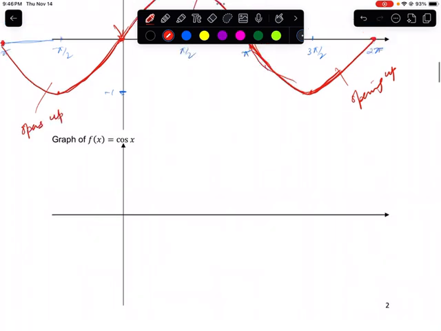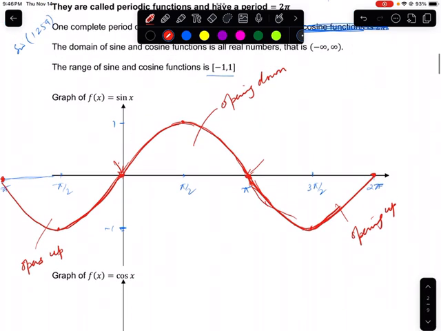So this is the point where the change is happening, so we call it the inflection point, or point of inflection. So this is also an inflection point.